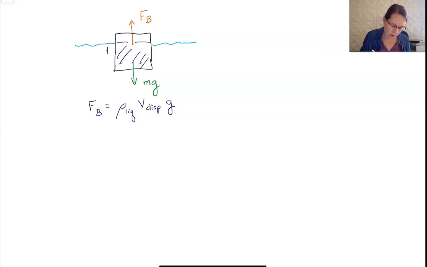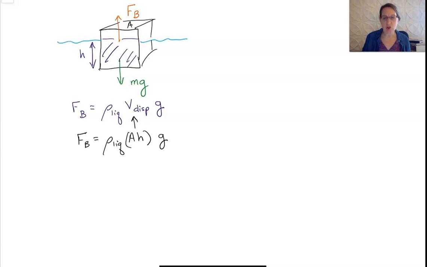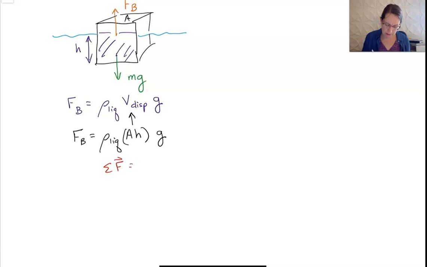We could call this some distance h, and the block could have a cross-sectional area A. So the volume displaced would be A times h, and our buoyant force would be the density of the liquid, A times h times g. Great, so everything's in equilibrium right now. The sum of the forces in this situation is equal to 0.